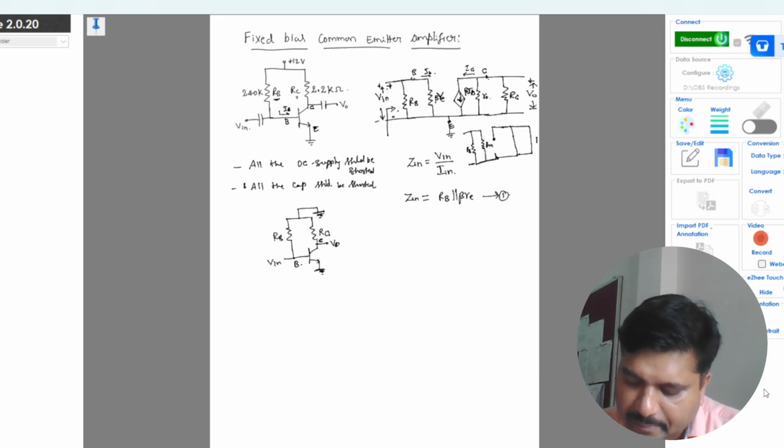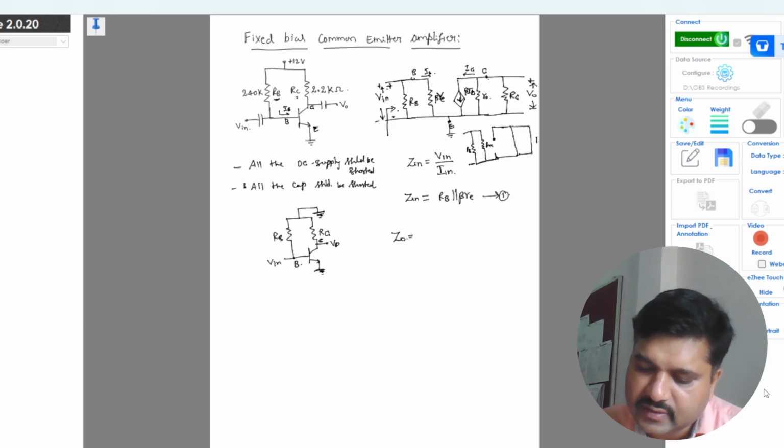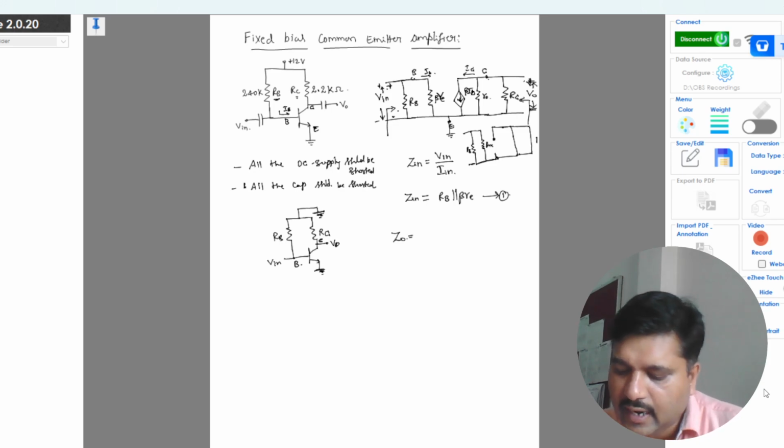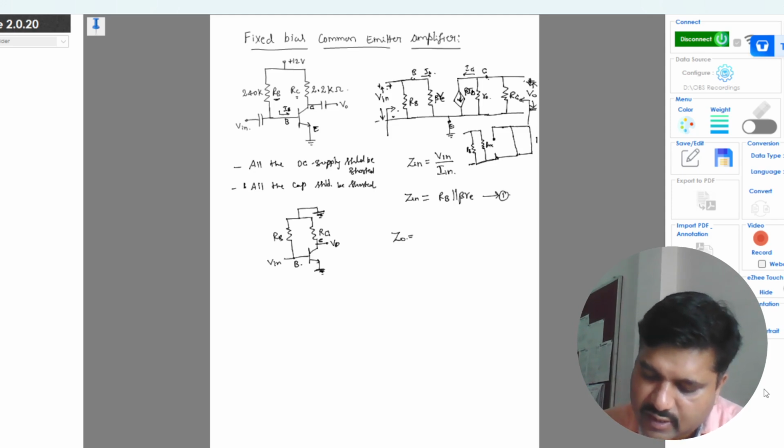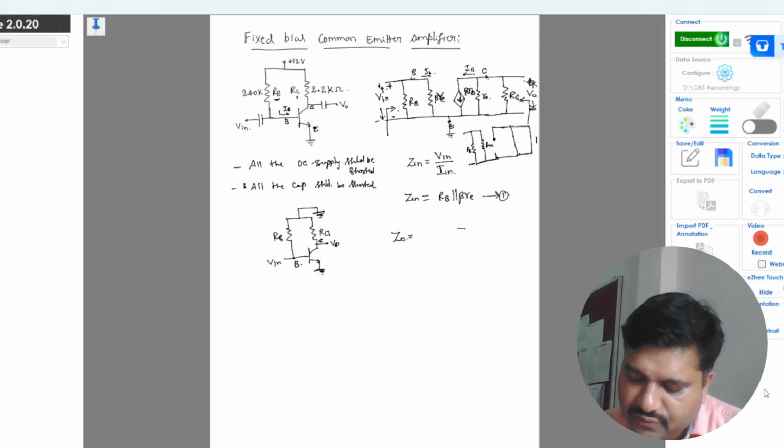Now the output impedance. It is the impedance seen with respect to the output terminals. Again, following the procedure, all voltage sources should be shorted, so at the input side Vin will be shorted. Because Vin is shorted, RB and beta RE are also shorted, and this entire thing is connected to ground.